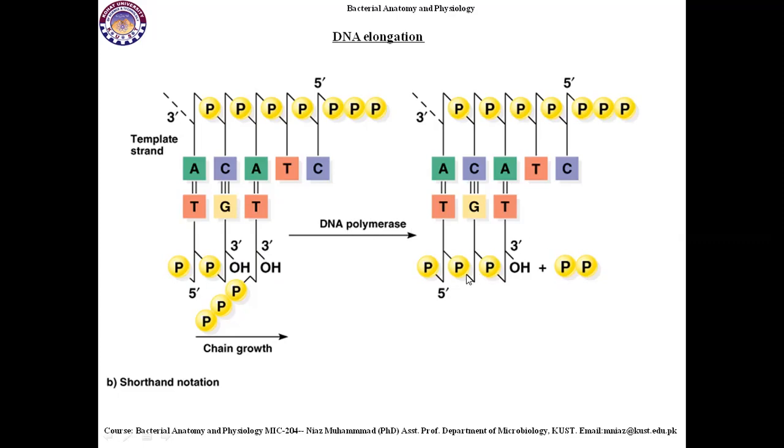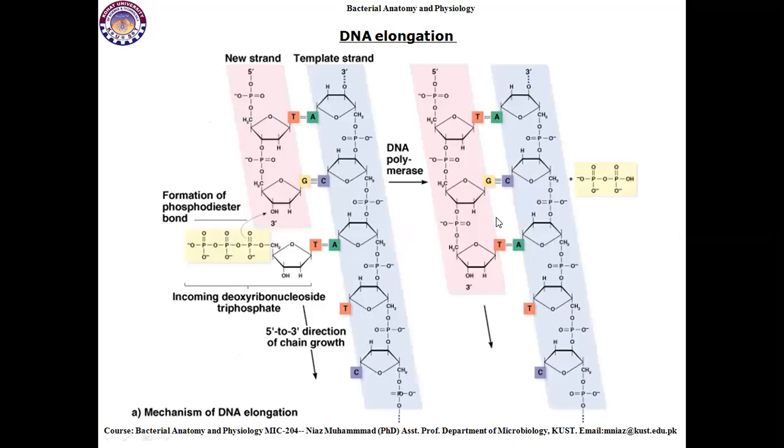This formation of the phosphodiester bond between the 3' and the 5' of the coming nucleotide needs energy, so energy is provided by the phosphate molecules present with every nucleotide. So gradually this chain will grow ahead.